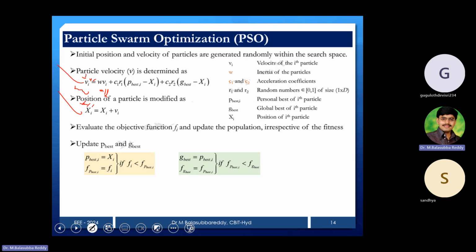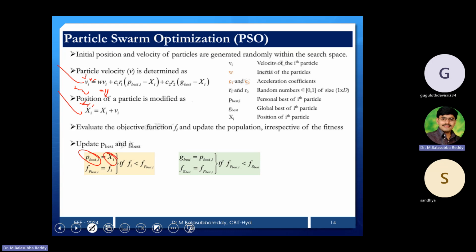Whatever personal best is there, it is the P best. But once it goes to a group of people, then individually you have to check the previous P best and the new P best. If it has changed, then you make it the group G best, because of all the fitnesses.